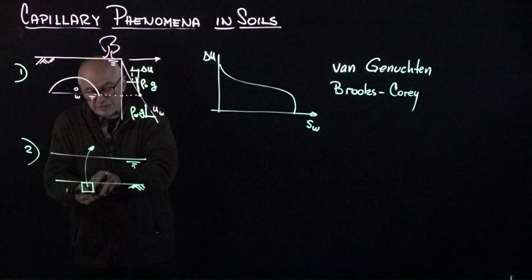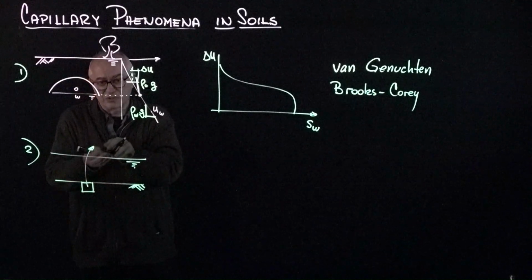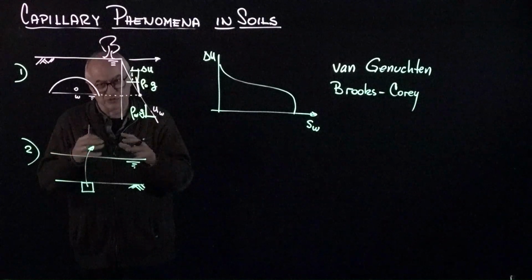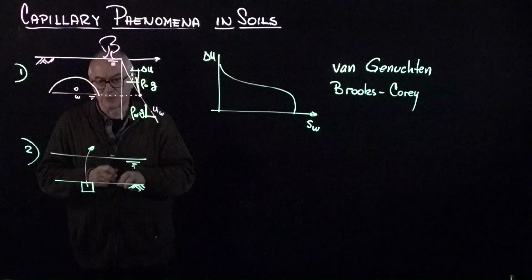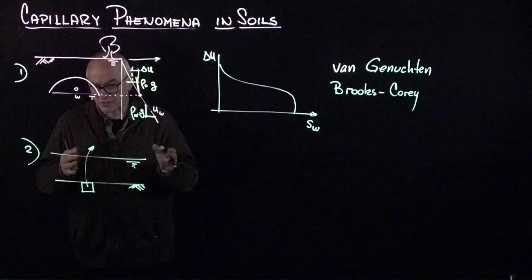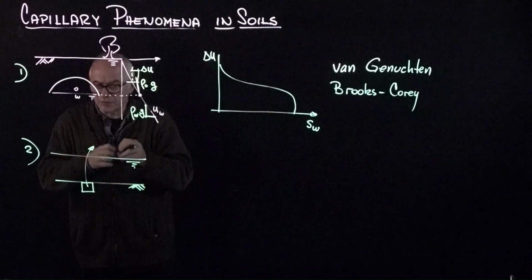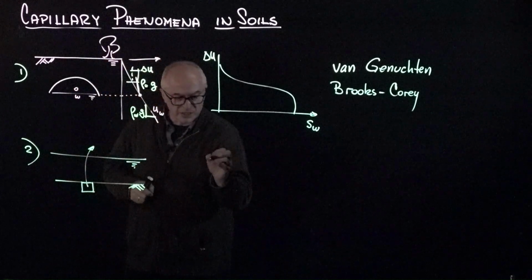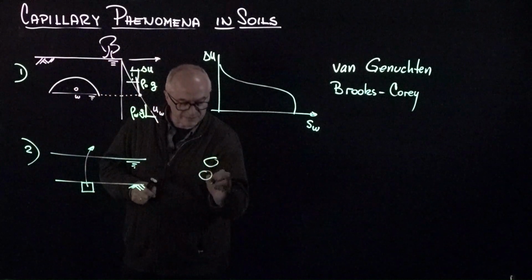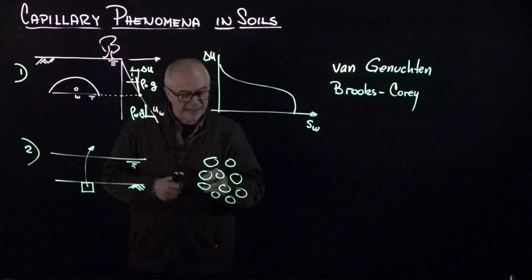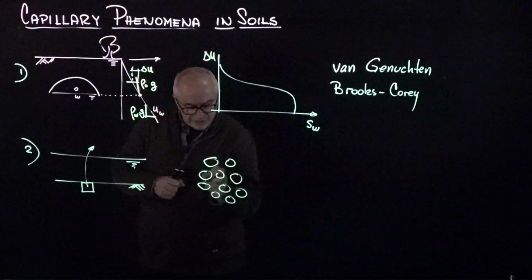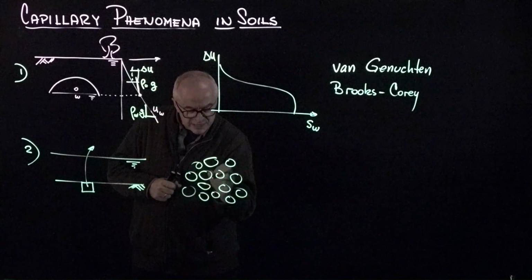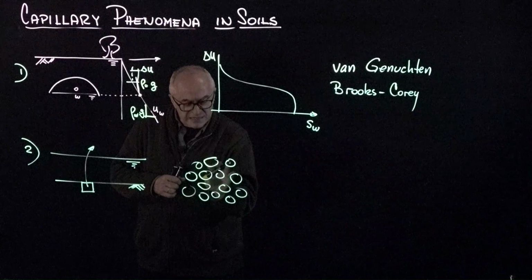Now, when you remove the pressure to bring it to the surface, the gas is going to come out of solution and form bubbles. In the case of Coca-Cola, the bubbles form and emerge to the surface, but what happens in the soil? Well, imagine that we have the grains, and as a bubble nucleates somewhere here on the surface, it's going to grow and displace the water.